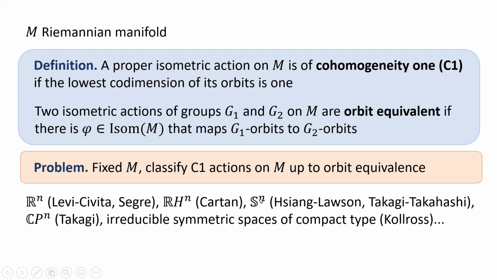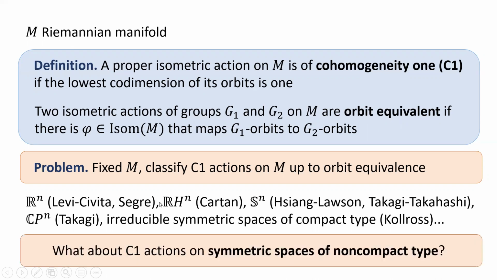We also have a classification of these actions on round spheres due to Hsiang and Lawson and Takagi and Takahashi, also for the other compact rank 1 symmetric spaces, and more generally for the irreducible symmetric spaces of compact type. This is a classification due to Andreas Kollross. I remark here that we don't know a classification for reducible symmetric spaces of compact type.